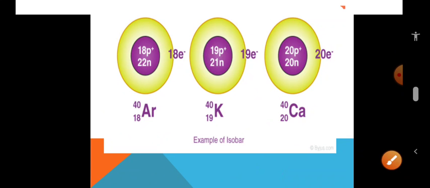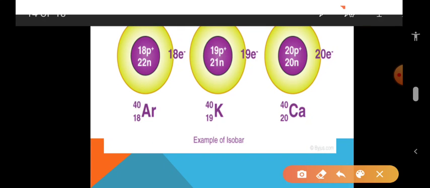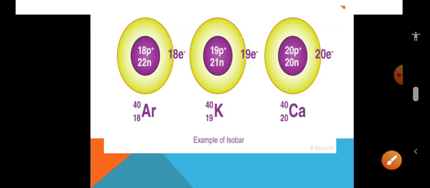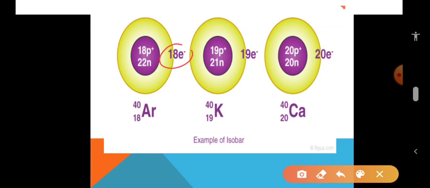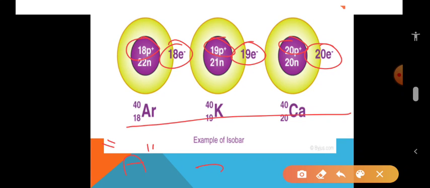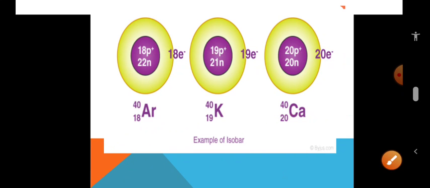But if you see the number of electrons, it is different: 18, 19, 20. And the number of protons is also different: 18, 19, 20. So the mass number is the same for all three elements, but the atomic number is different. This is what is called isobars.